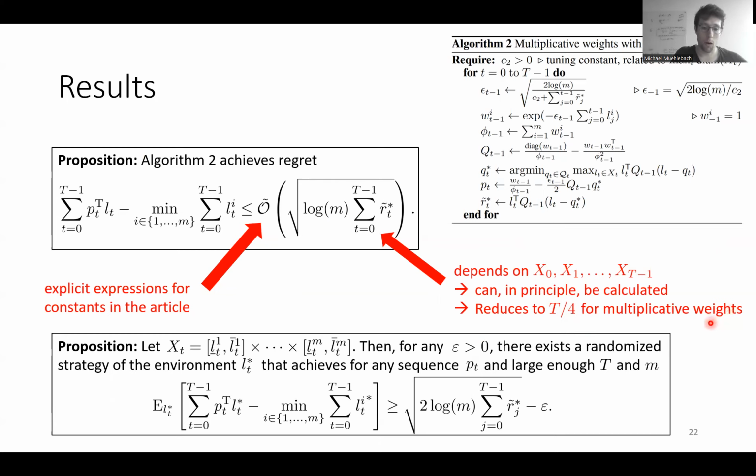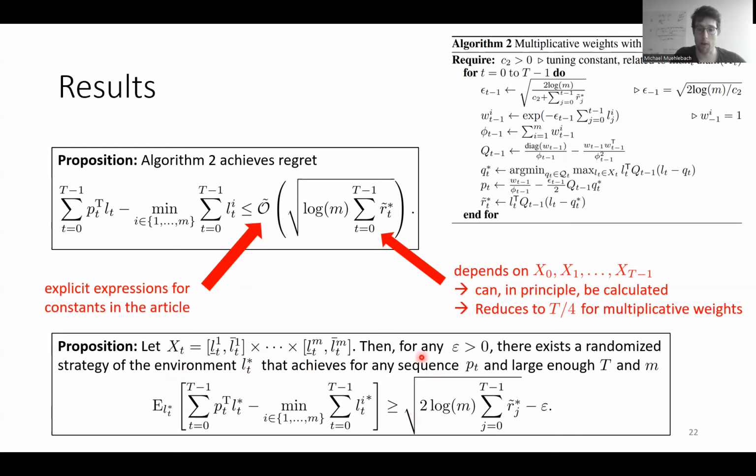One additional important point is that we also have a corresponding lower bound. For any epsilon greater than 0, we explicitly state a randomized strategy for the environment such that for any sequence PT, no matter how you choose PT, and large T and M, you'll find a lower bound on the regret.